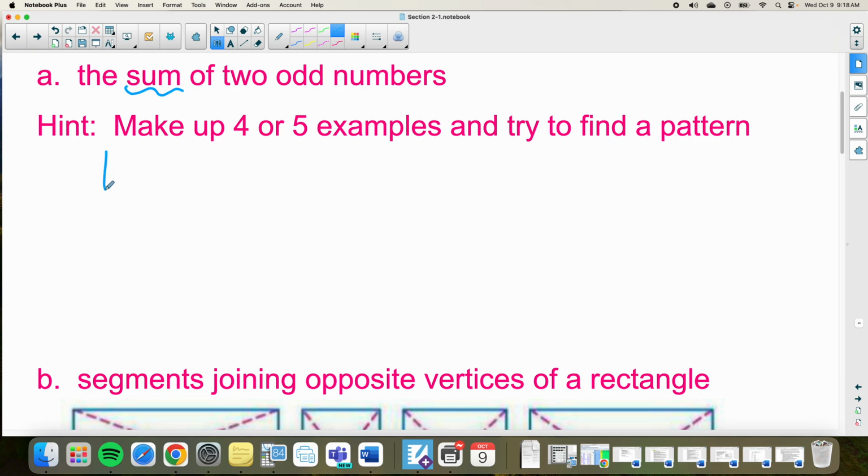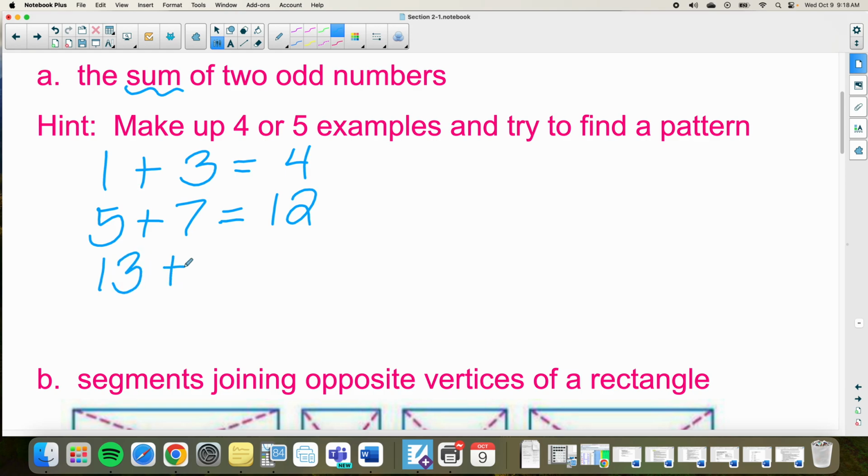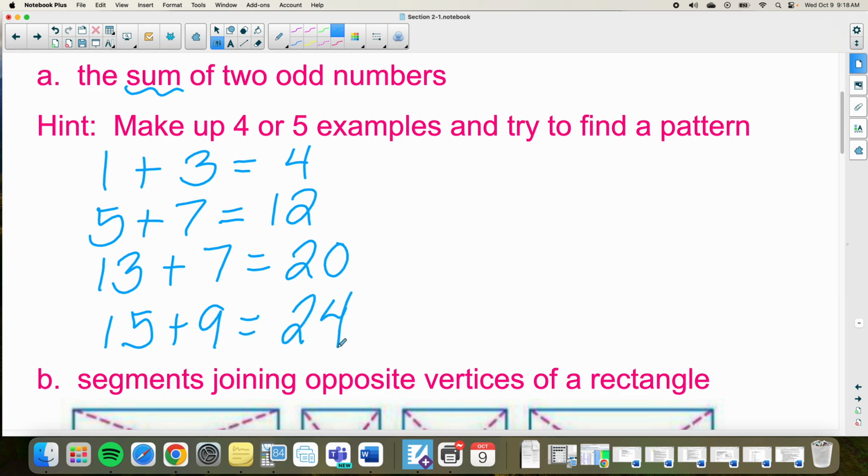So I'm gonna start with 1 plus 3, okay? And that's 4. Then maybe you wanna do 5 plus 7, and that is 12. Maybe you wanna do 13 plus 7, and that's 20. You could do 15 plus 9. That's 24. Do you notice anything about those 4 numbers?